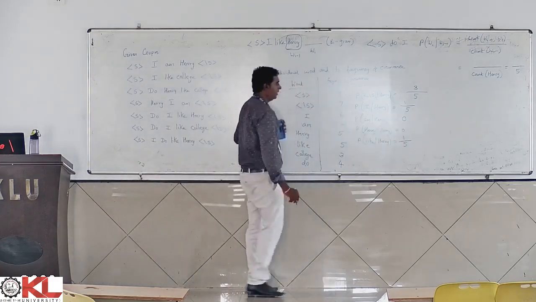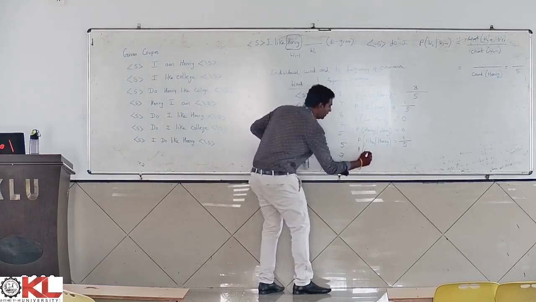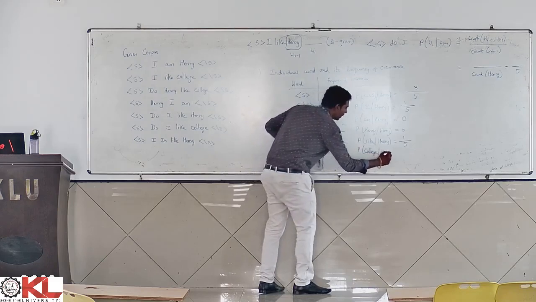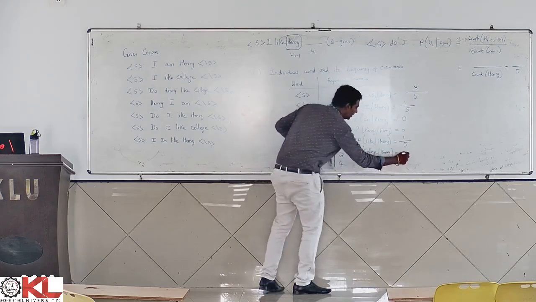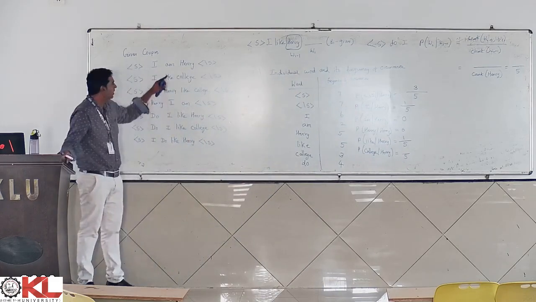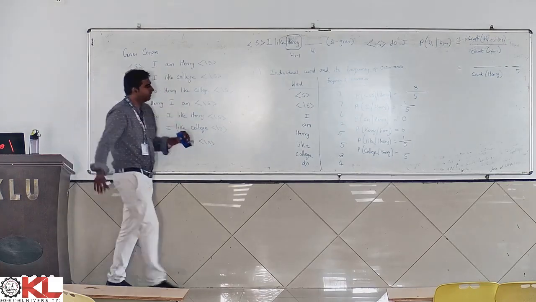I am writing here. Similarly, next we are checking for the word college after Henry. The denominator is 5. We will check in the corpus. After Henry, college. No, that is 0.